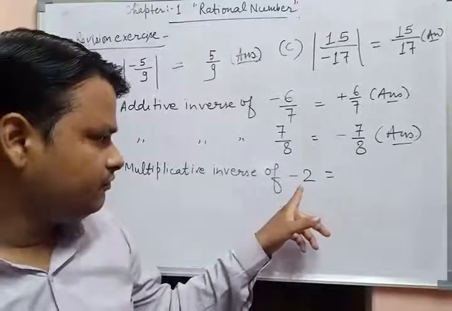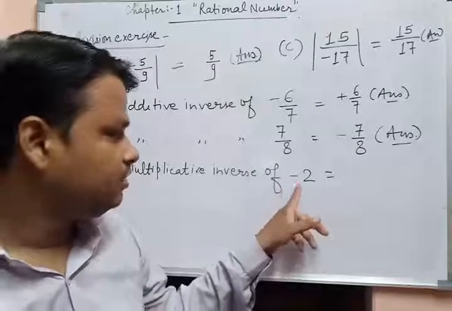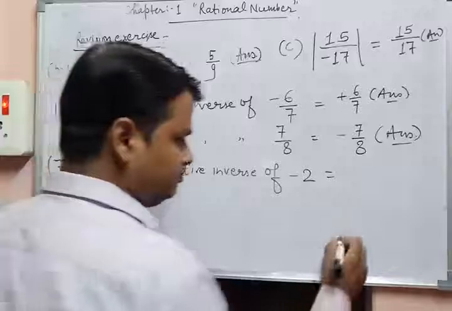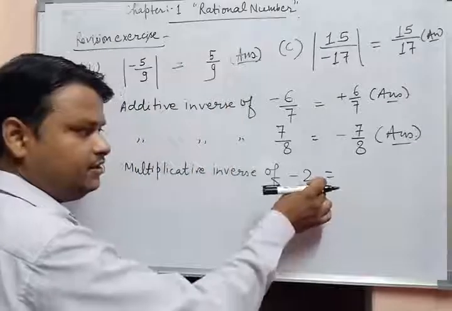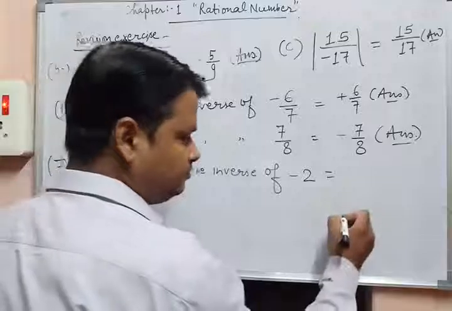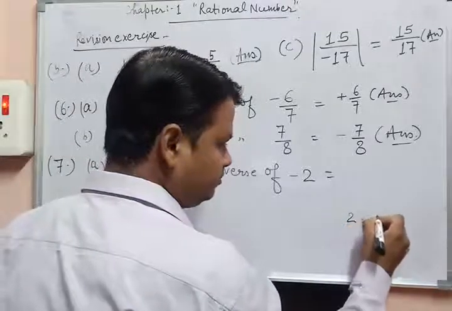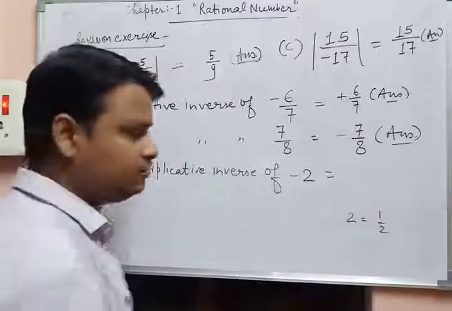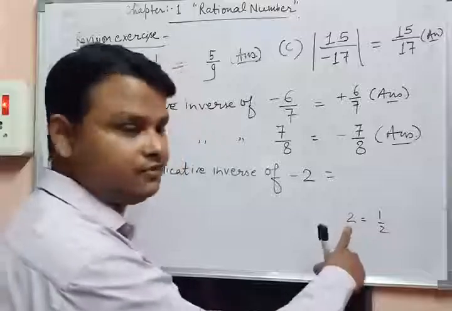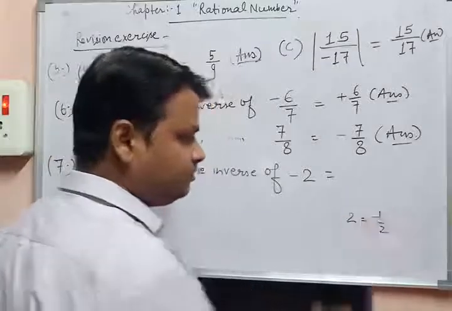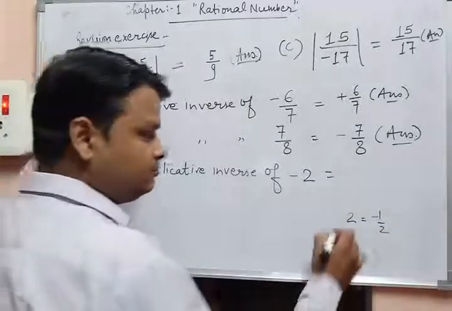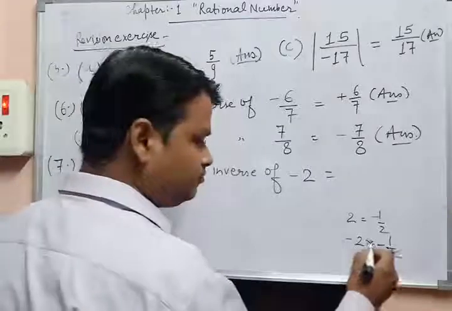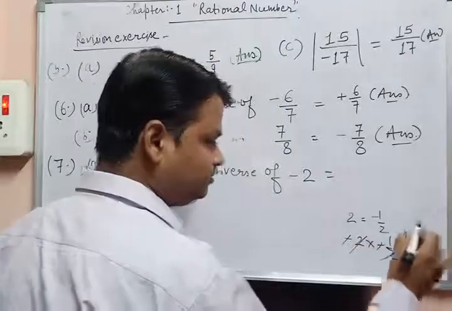So first of all you have to find what number to multiply with this number. So first we take the reciprocal of this number, because the reciprocal of 2 is 1/2. If we multiply -2 into -1/2, then 2 cancels, minus cancels, and the result is 1.